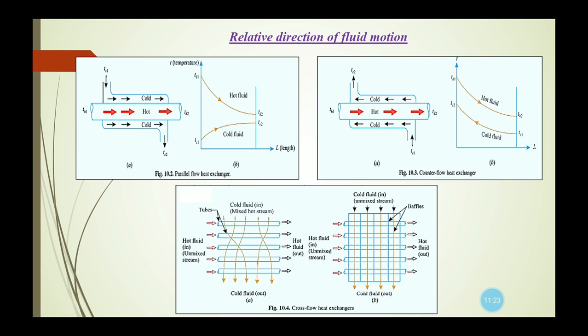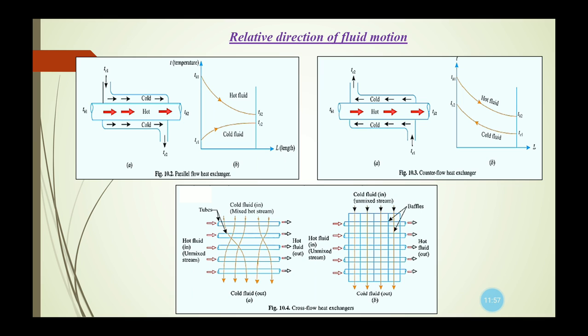And from 10.2b, the temperature versus length graph for this parallel flow heat exchanger, you can see that the temperature difference between the hot and cold fluids goes on decreasing from inlet to outlet.